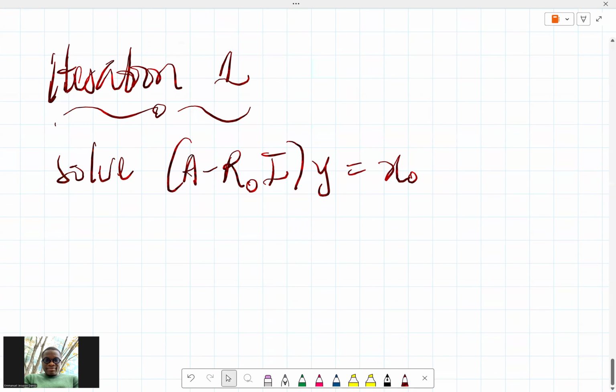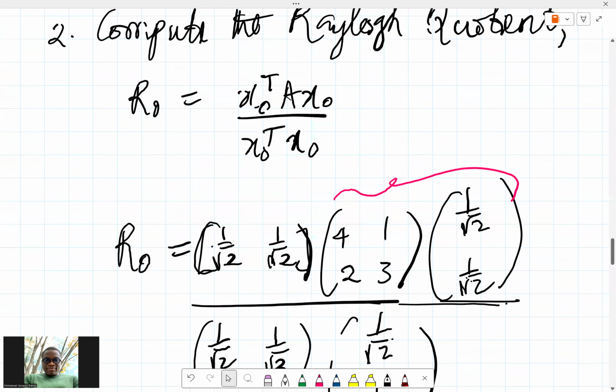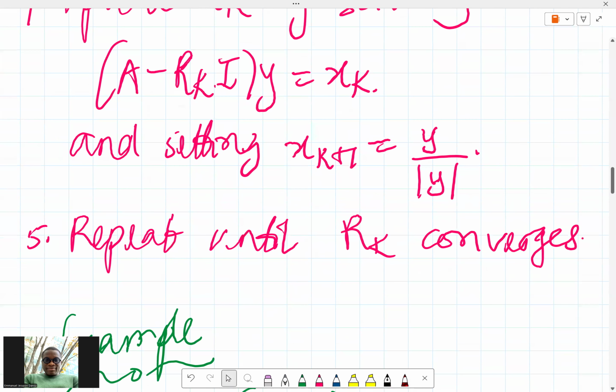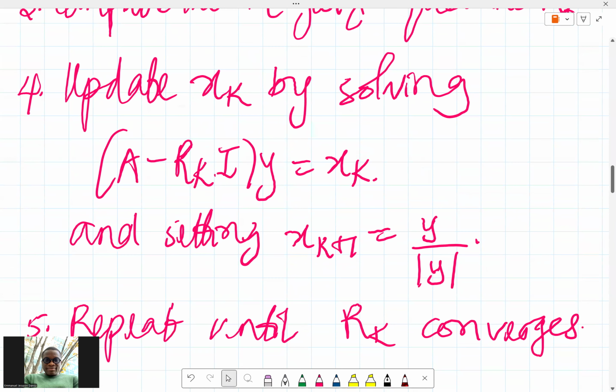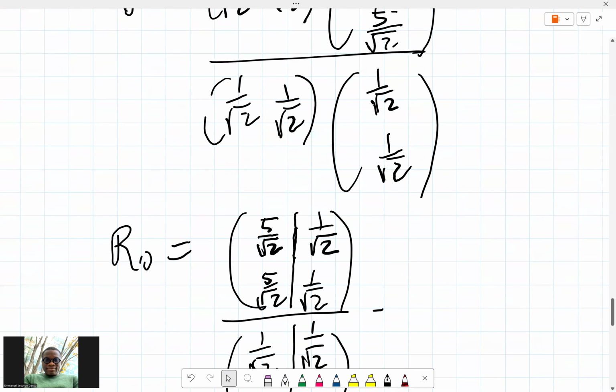Instead of calling it y, do we have to call it y? Well, x_{k+1} is going to be, so x1 is going to be what we get when we normalize y. So we are good.